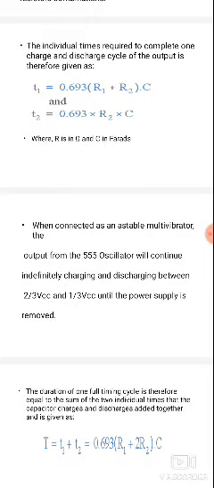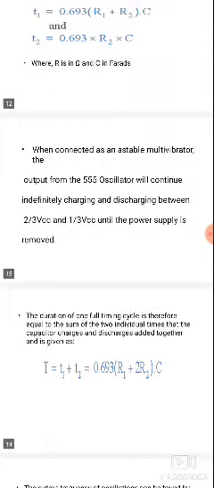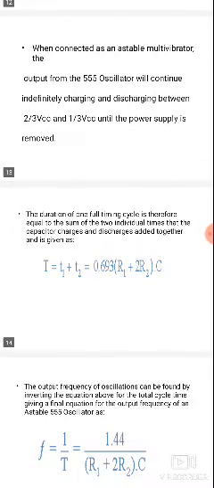farads. Next, when connected as an astable multivibrator, the output of the 555 oscillator will continue to switch between charging and discharging, between 2/3 VCC and 1/3 VCC, until the power supply is removed.